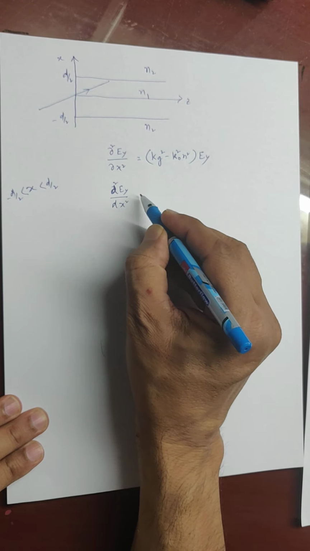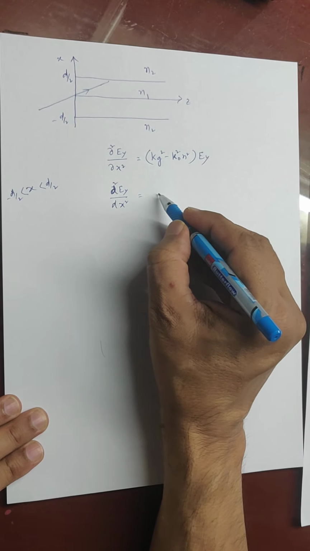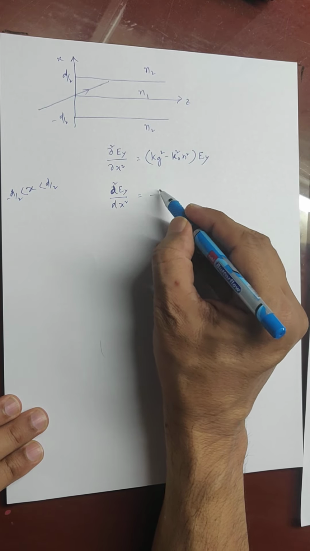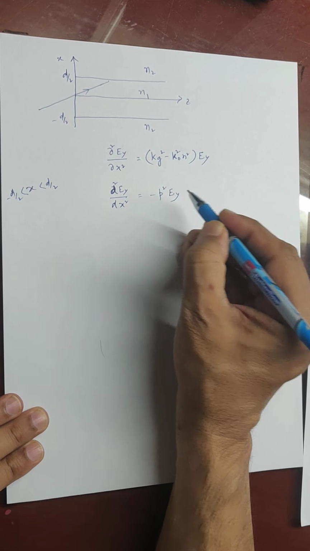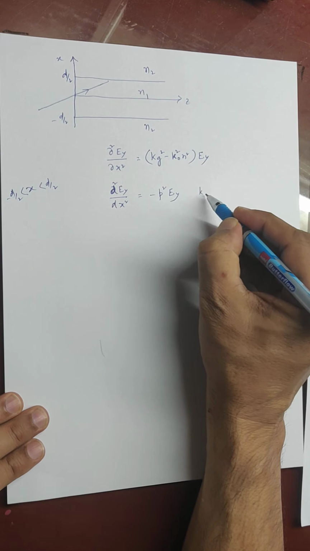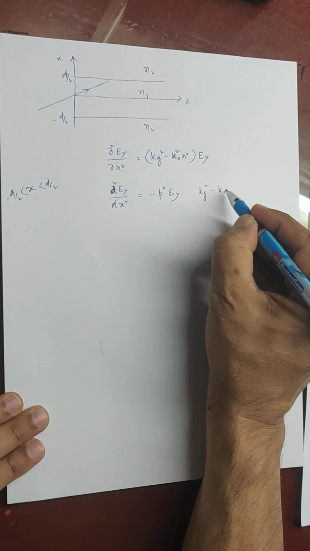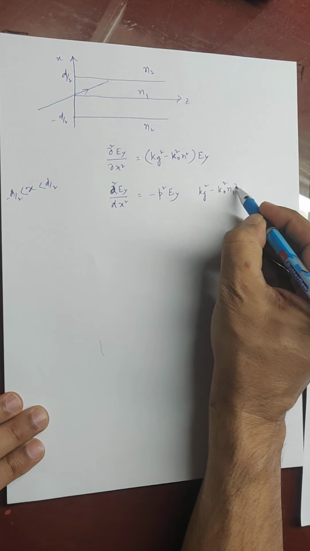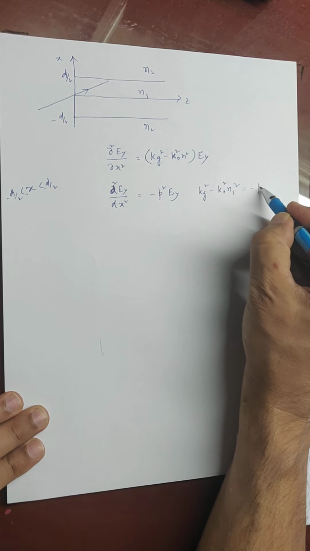So d2Ey by dx2 is equal to minus p square Ey, where kg square minus k naught square n1 square was taken as minus p square.